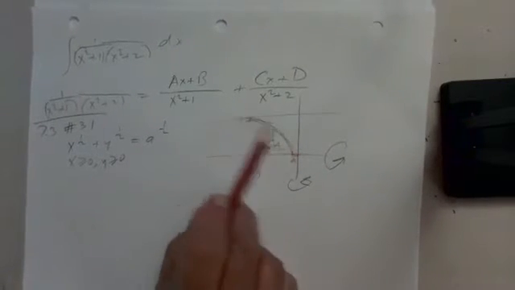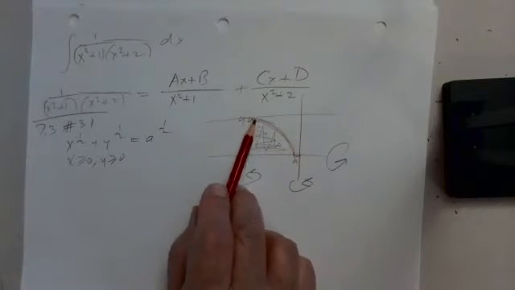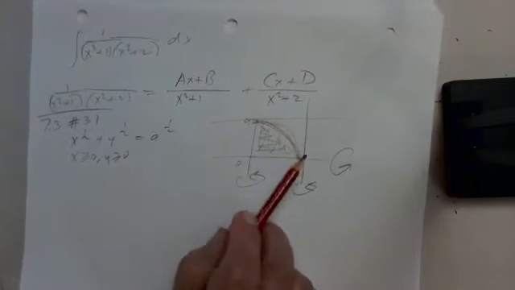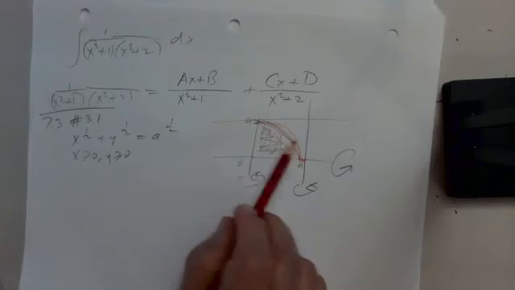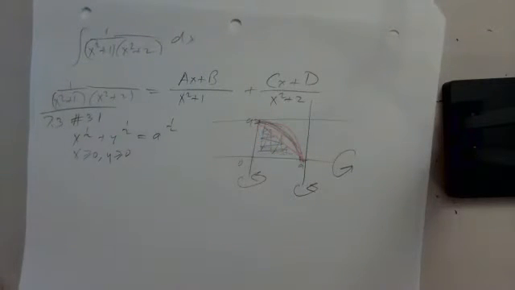I don't know exactly what this curve looks like, but it could look like that, or it could look like that. There are all sorts of possibilities, but in any case, it's a decreasing function. Okay, thank you.